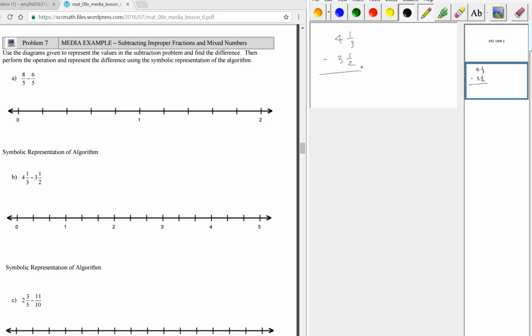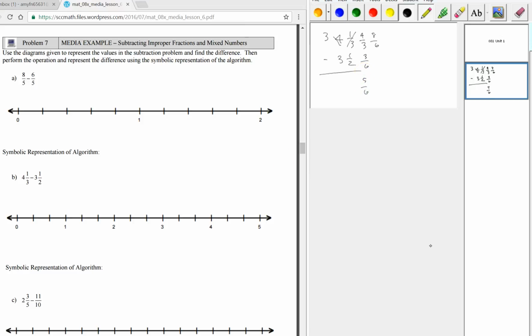And both ways are useful. It just all depends on what they prefer. And they should know both. So borrow 1, so now this is 4/3. We probably would have changed these to sixths first. This is 8/6, and then they can subtract and get 5/6.